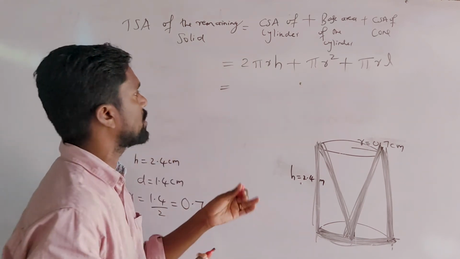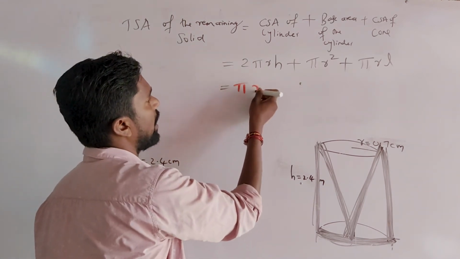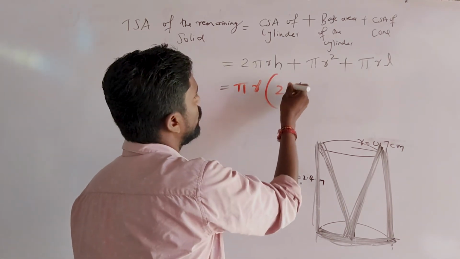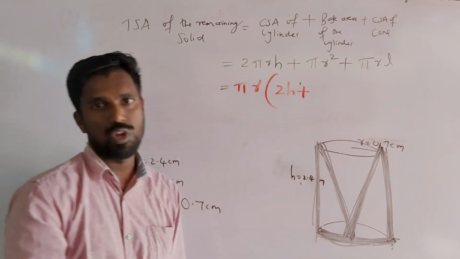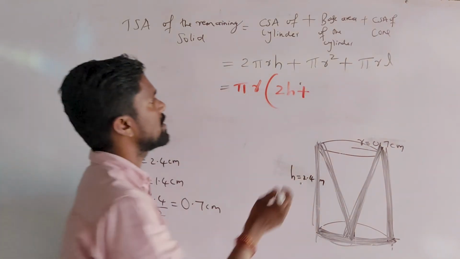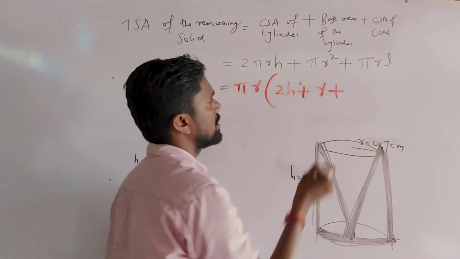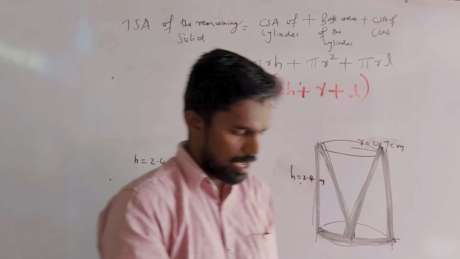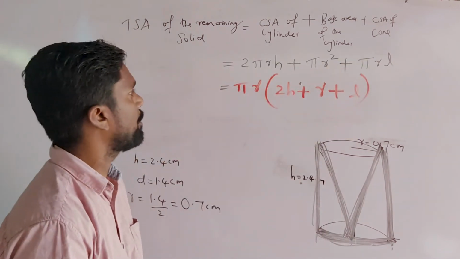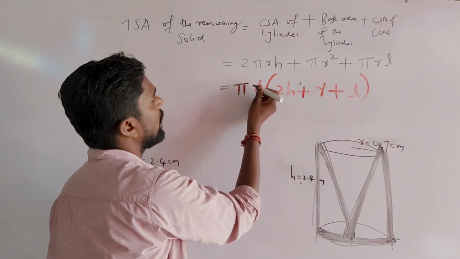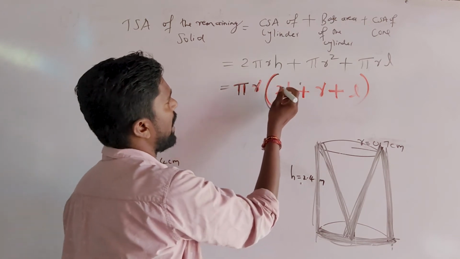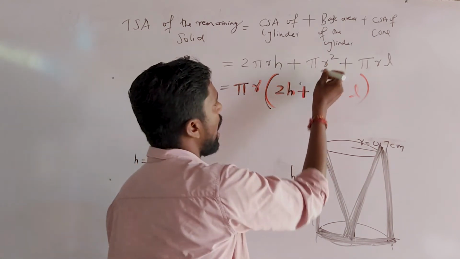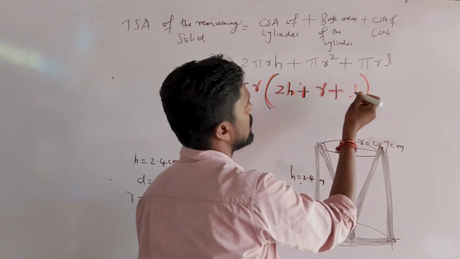Here pi r is common, so you can take pi r outside. What is the balance? 2h plus r plus l.